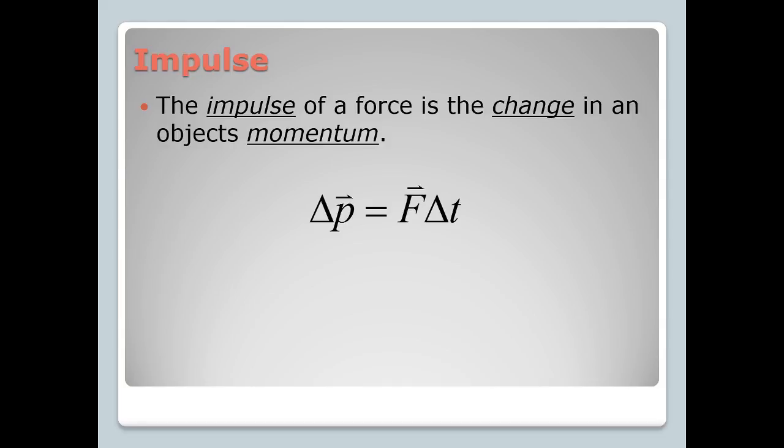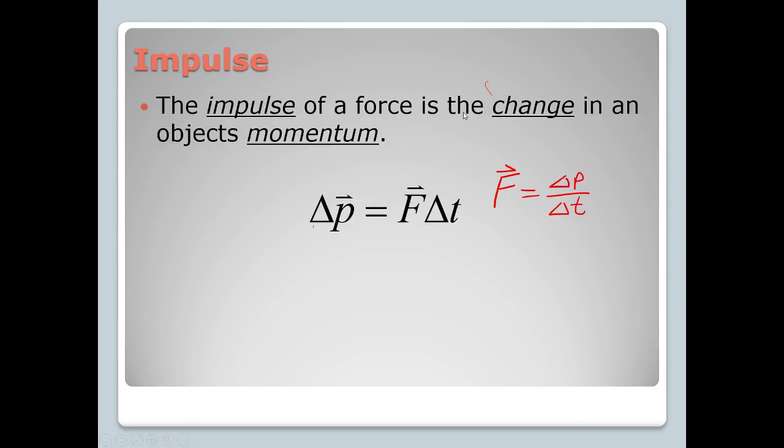This is a variation of how Newton wrote his original second law. Originally, Newton wrote his law as the amount of force needed to change an object's momentum given some amount of time.